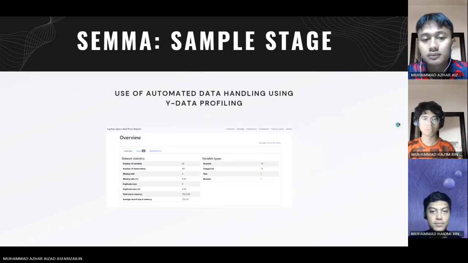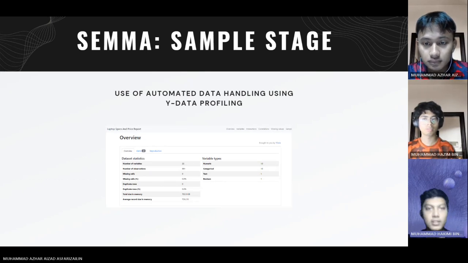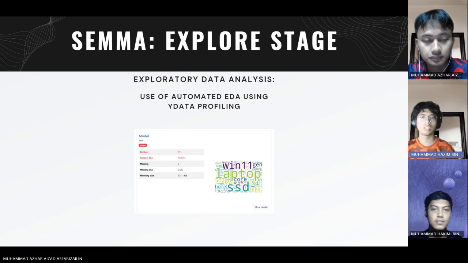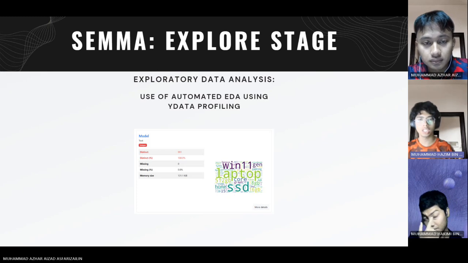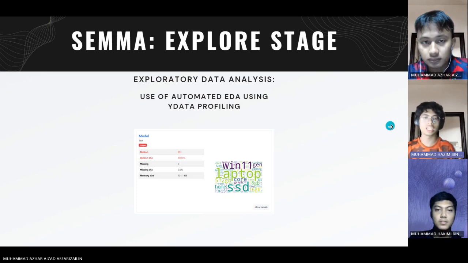Next, this is our automated data handling using ydata profiling. Next, we will proceed with our explore stage, which will be exploratory data analysis and the use of automated EDA using ydata profiling also. This is an example of a word cloud that has been generated that shows the model column, and it shows zero missing values.